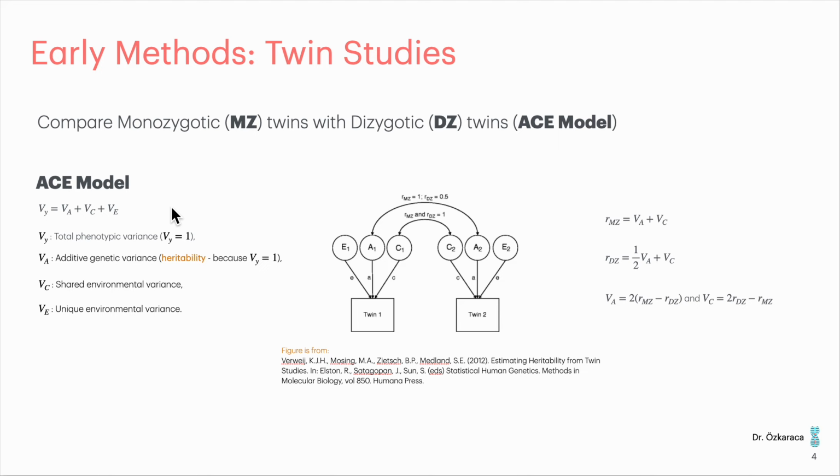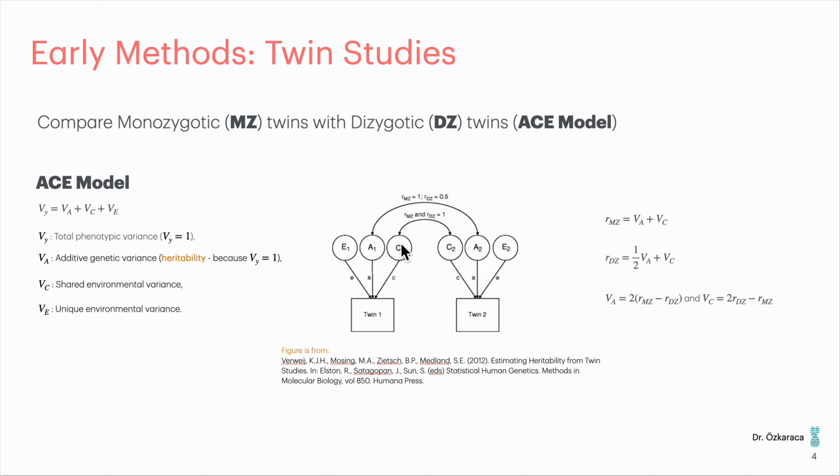Here the components of the model are additive genetic variance, which is the heritability whenever the trait is normalized, shared environmental variance, which we assume is the same between twins, and the unique environmental variance specific to the individuals. Those components are assumed to be orthogonal, meaning that they are statistically independent and do not overlap in their contribution to the trait variance. The model is outlined in the figure in the middle.